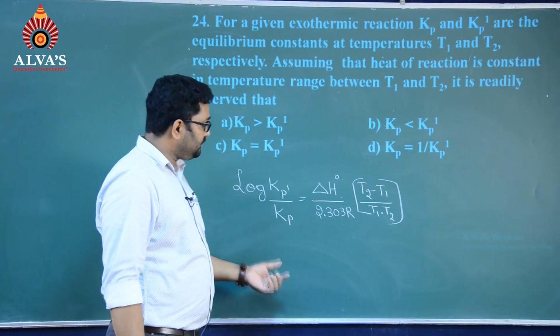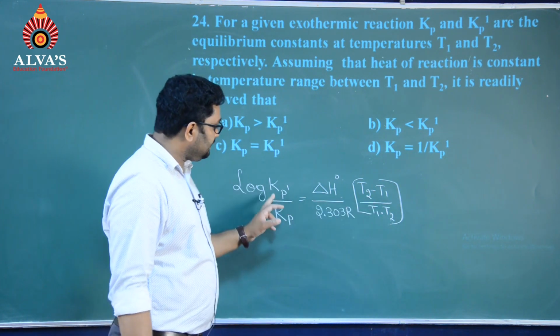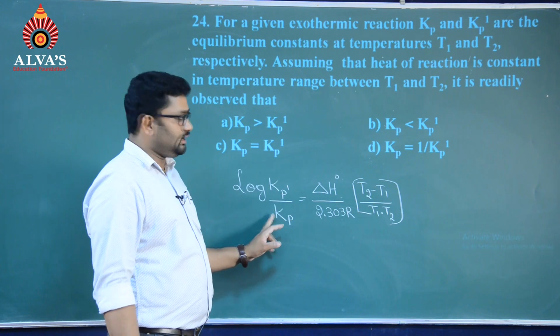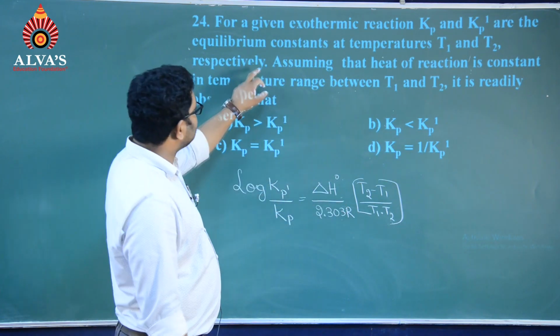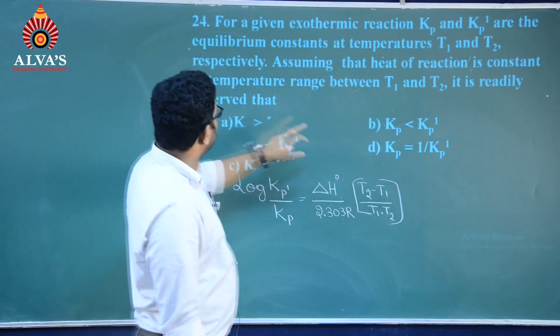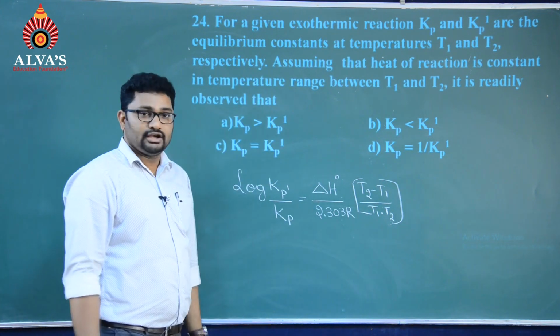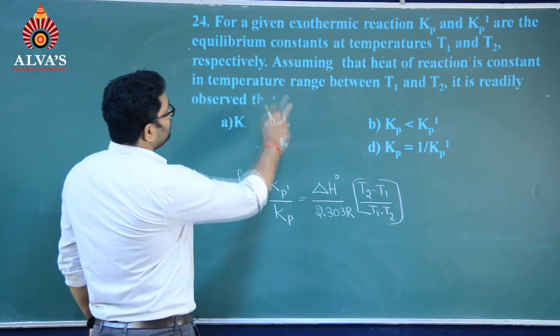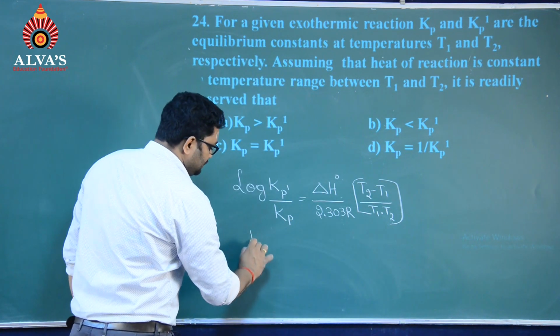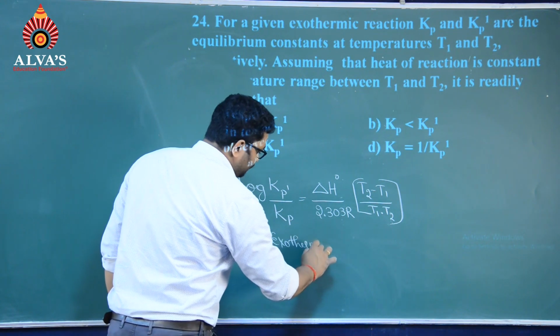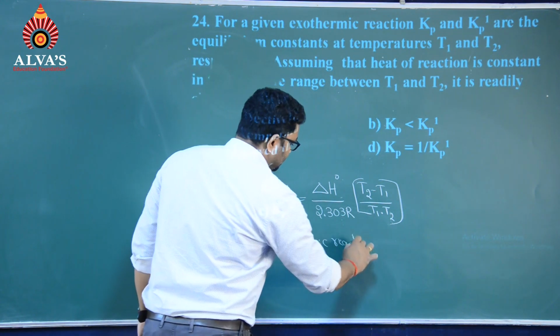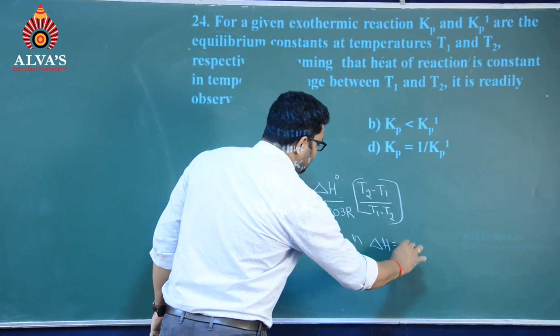Quantitatively, the relationship between temperature and the equilibrium constant along with the delta H, that is the enthalpy change, and you have to assume that between these two temperatures the enthalpy of the reaction remains constant. Now, for an exothermic reaction, the delta H value should be negative.